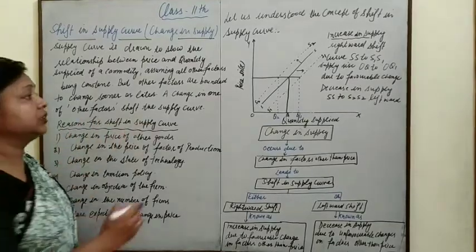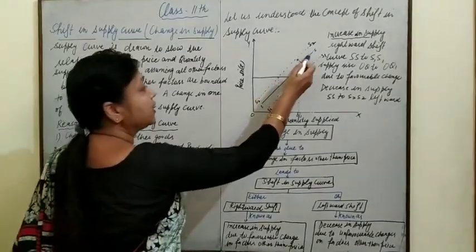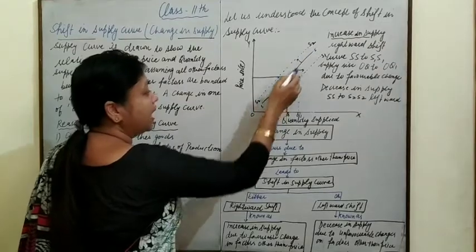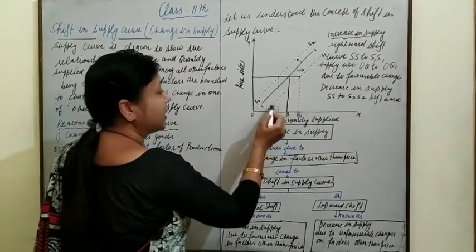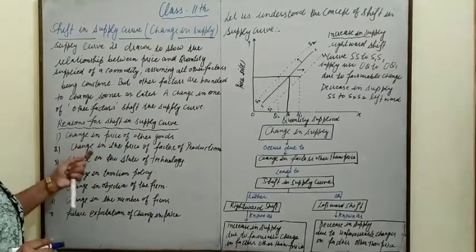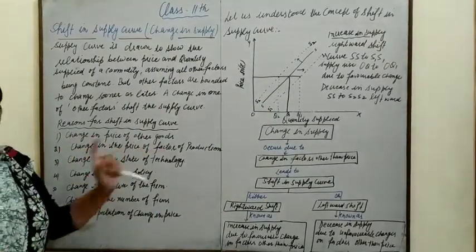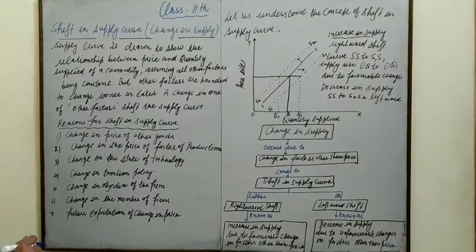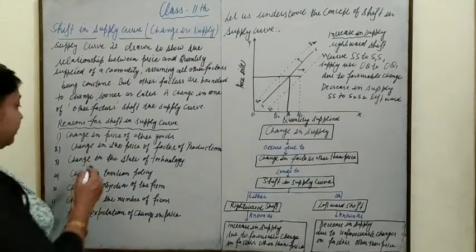Now, what are the reasons the supply curve goes from S to S1 or S2? There are some reasons. The first is change in the price of other goods. Other goods mean substitute goods or complementary goods.